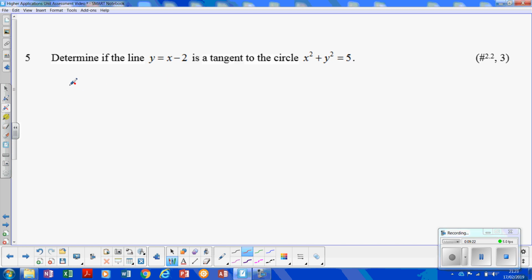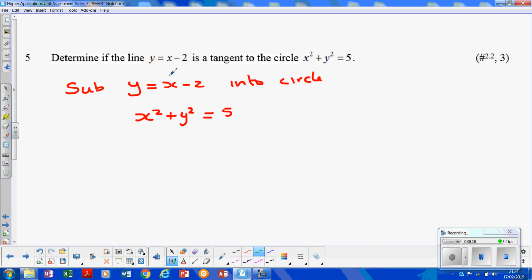Right, so we're going to sub y equals x minus 2 into the circle. The circle equation is x squared plus y squared equals 5. So every time I see a y term, I'm going to substitute in x minus 2.